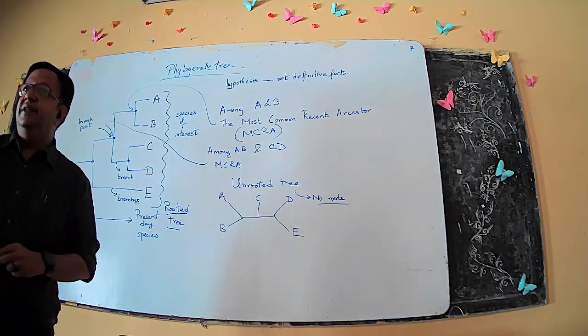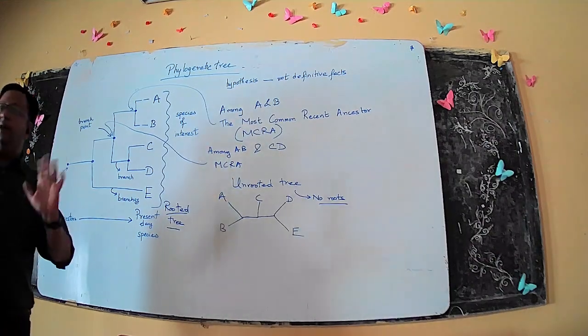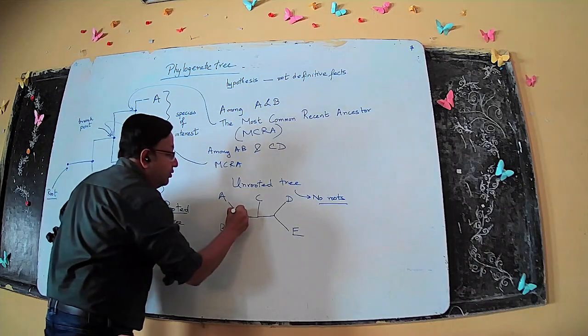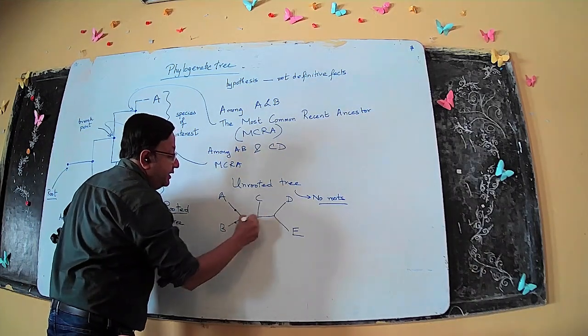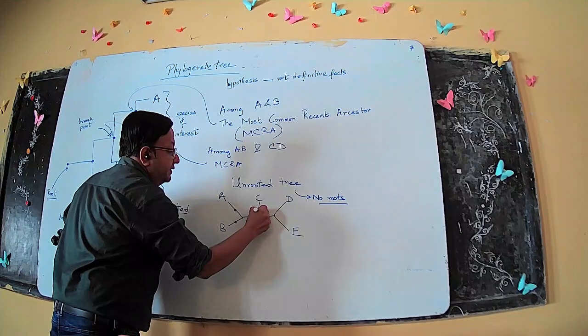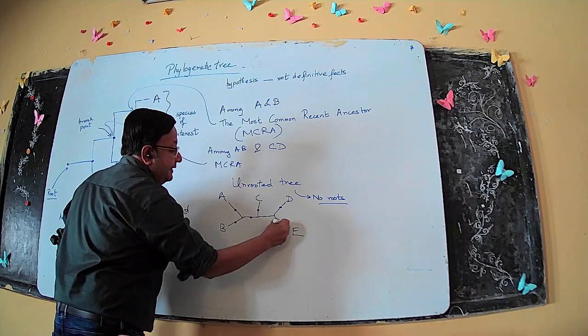But in this case, you can make it into a rooted tree. How can you make a root? You can make a root from here, here, here, here, here and here.